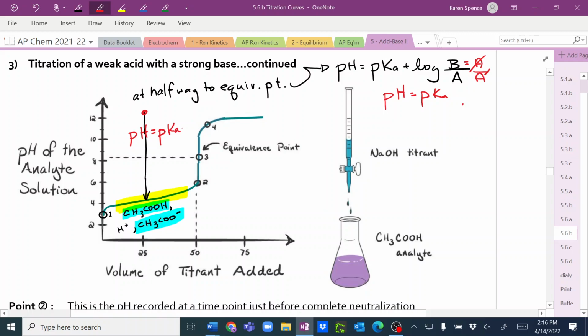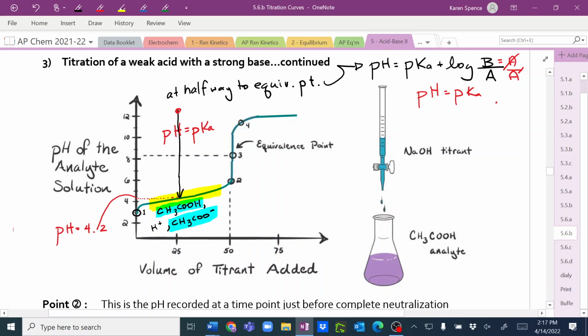So if you are doing a titration curve and you are asked to find the Ka of the acid, you can use that half equivalence point to find your Ka. You just read off what's the pH here. You could be like, okay, what's the pH there? That looks like about, what, 4.2? Okay, so we'll say 4.2. Which means that our pKa is equal to 4.2, right?